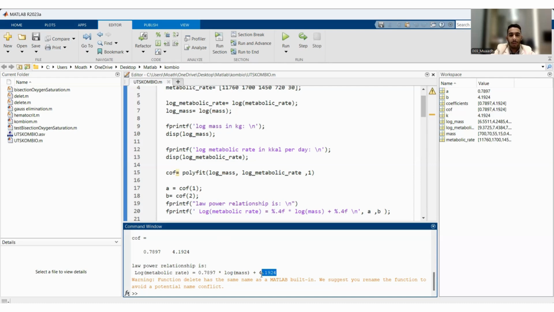The intercept here is 4.1924 and the slope is 0.7897. So it's very similar to our calculation before. However, here it is with more detail, because we got 0.79 before and an intercept of 4.19.